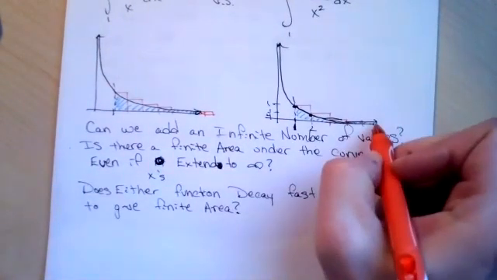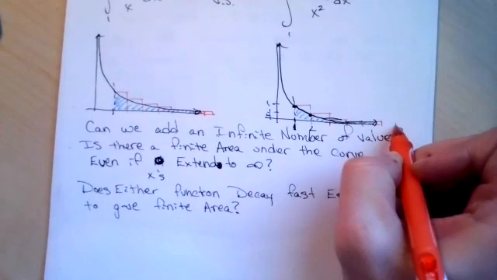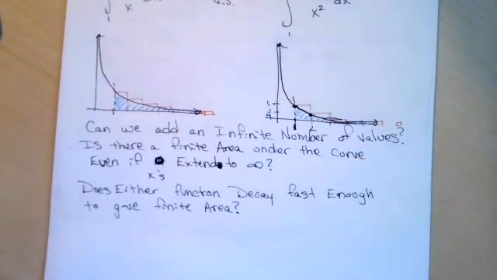Same thing out here. Areas we're adding are getting really, really tiny. If you walked that mile, and then walked 1 more millimeter, would anyone really notice the difference?